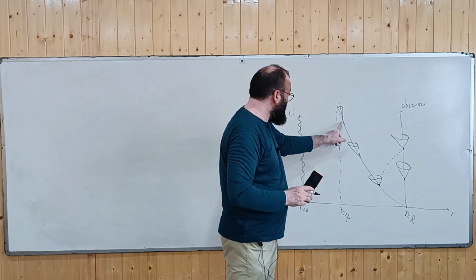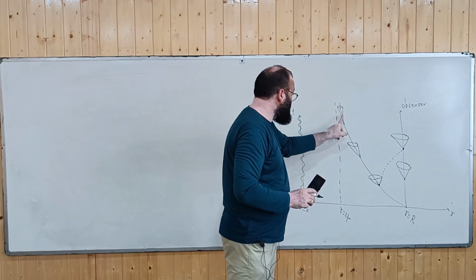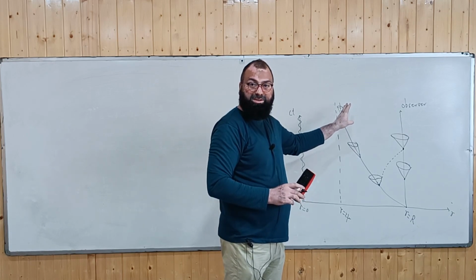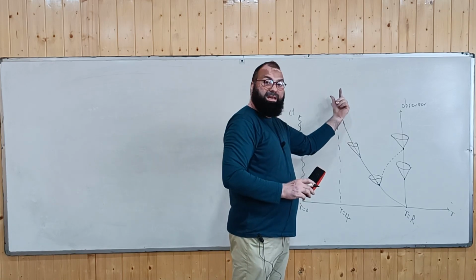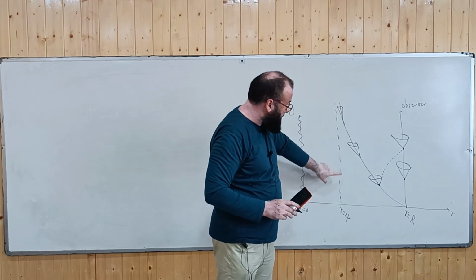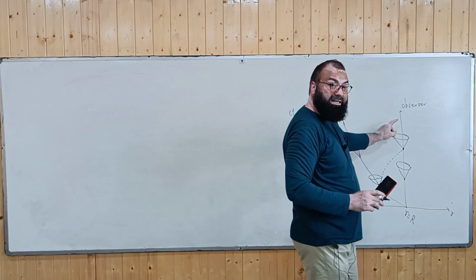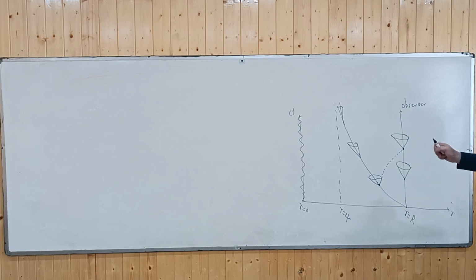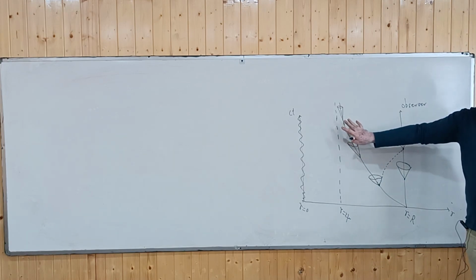What will be the velocity? It will tend to c, as we have seen. In other words, the slope here will be infinite. So when the particle reaches r equal to 2 mu, the amount of coordinate time observed by this observer is infinite. For this observer, the particle will never reach this region.